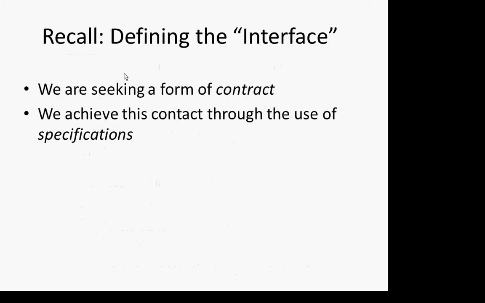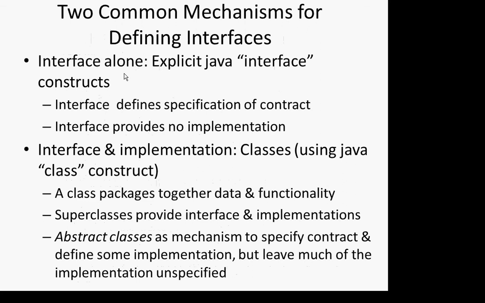Now, in Java, there's two fundamental ways of defining these interfaces, these contracts, that allow us to encapsulate, give one set of promises to the outside world while still allowing us to modify things. So we can use an interface in Java, an interface construct.